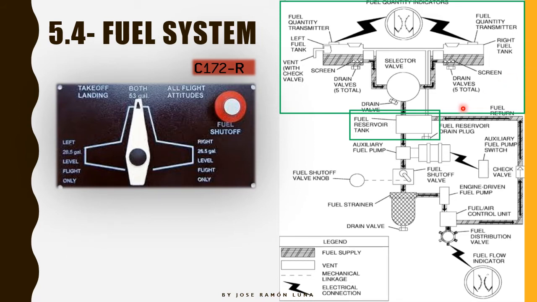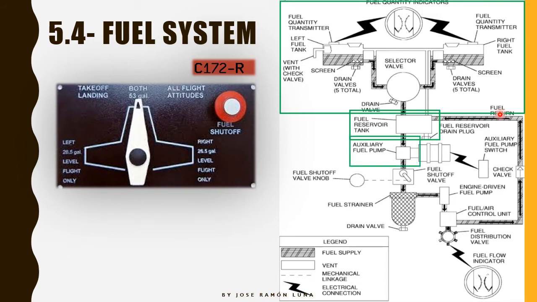So we add this fuel reservoir tank here that is always going to be full in order to always have fuel in the system, even if you're turning, even if you're doing maneuvers with negative G's, for example, even if you are shaking because of turbulence, you are always going to have fuel in the system. That's the warranty that this little piece of equipment is going to give you, right?